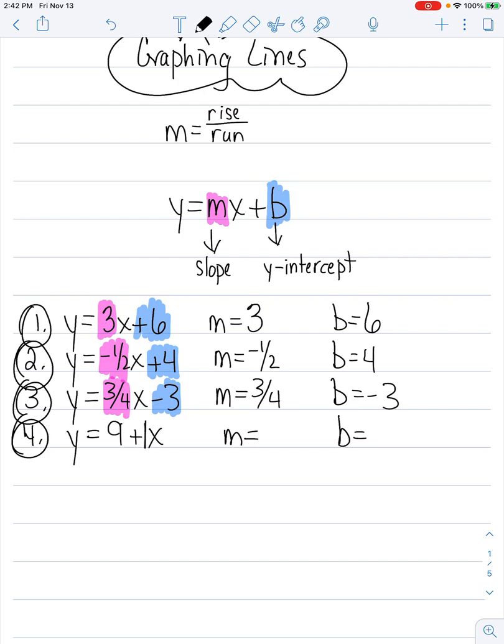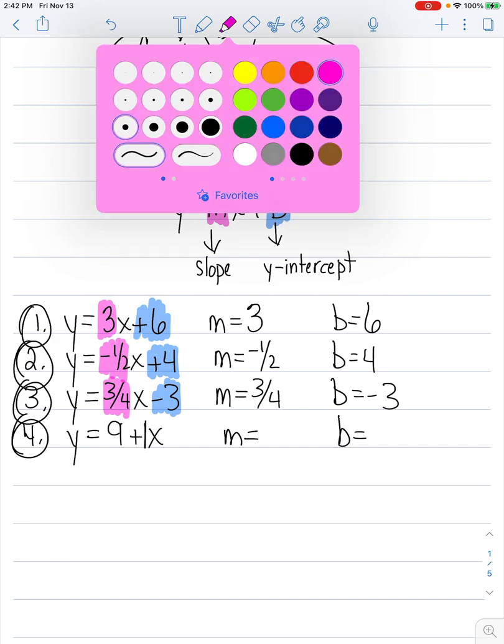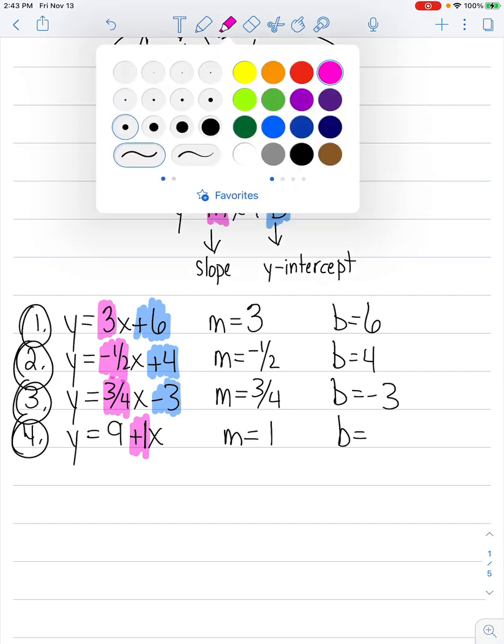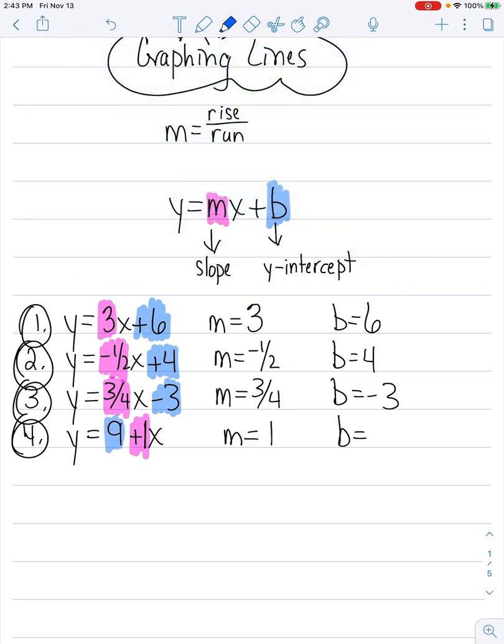It's just an invisible 1. Remember, when we solved equations, that was an invisible 1. So my slope is 1. It's a positive 1. And my plain old number is 9. It's a positive 9. See, if there's nothing in front of it, it's a positive. So my y-intercept, or my b, is 9.